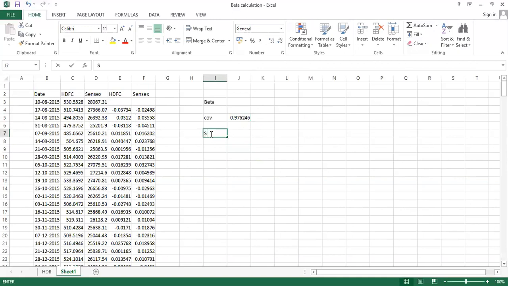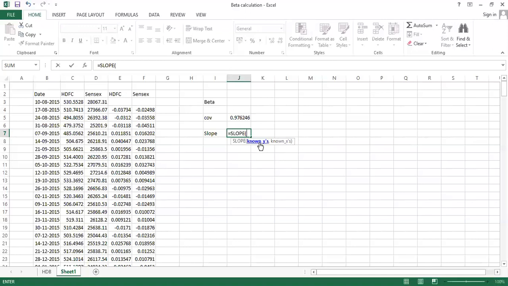Again, we can use a very important function, which is called the slope function. In the slope function, we can find the value of beta straight away. So slope takes 2 inputs, the known y's and the known x's. Please remember, y is the dependent variable and x is the independent variable. So we're trying to predict the change in HDFC Bank in comparison to the change in Sensex.